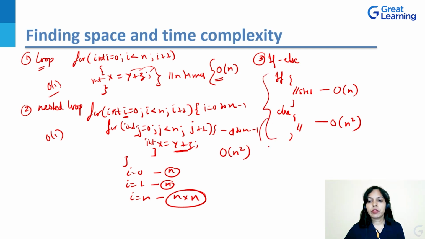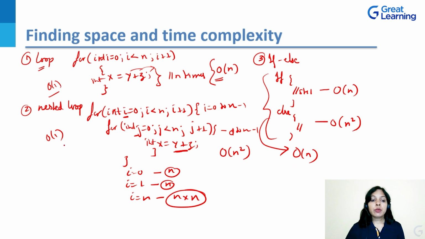The final time complexity will be whichever part has less time complexity, which is taking less time to execute. If this is taking n times to execute and this is taking n square times, definitely n is a lesser value than n square. So the overall time complexity for this if-else will be O of n. Is it clear?